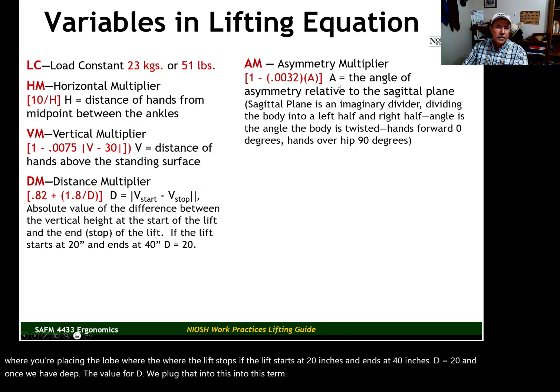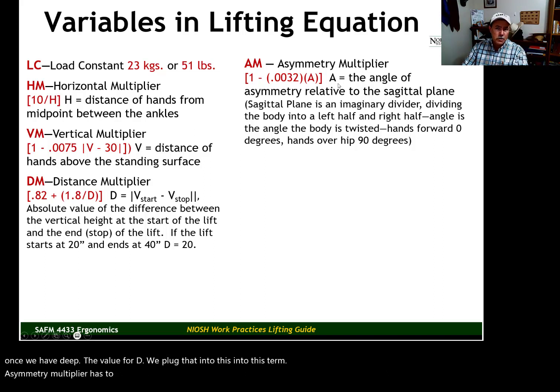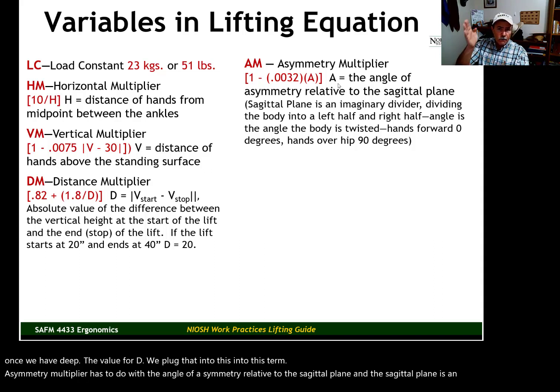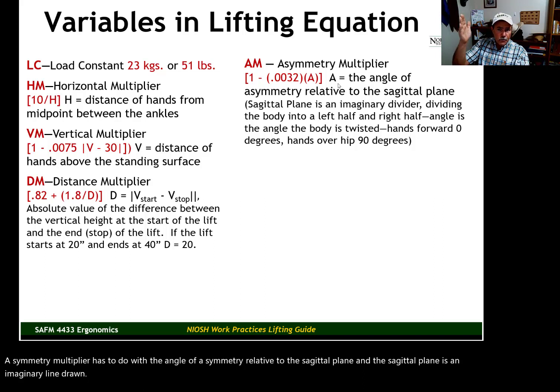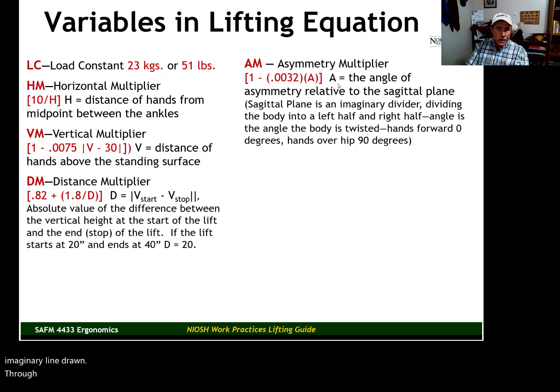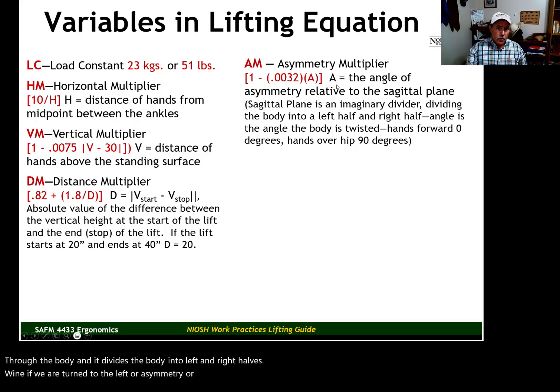Asymmetry multiplier has to do with the angle of asymmetry relative to the sagittal plane. The sagittal plane is an imaginary line drawn through the body, and it divides the body into left and right halves. If we are turned to the left, our asymmetry, or A, that angle, is not going to be 0.